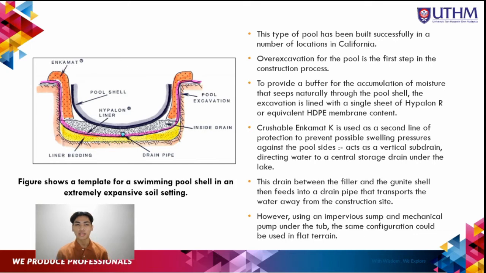It acts as a vertical sub-drain directing water to a central storage drain under the pool. This drain between the filler and the shell then feeds into a drain pipe that transports the water away from the construction site. However, using an in-ground sump and mechanical pump under the tub, the same configuration could be used in flat terrain.